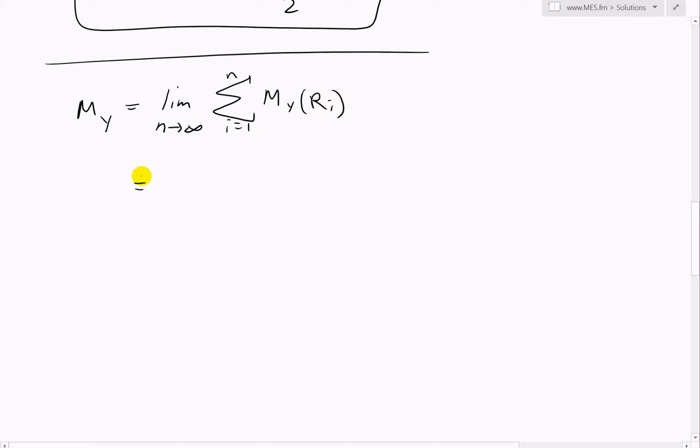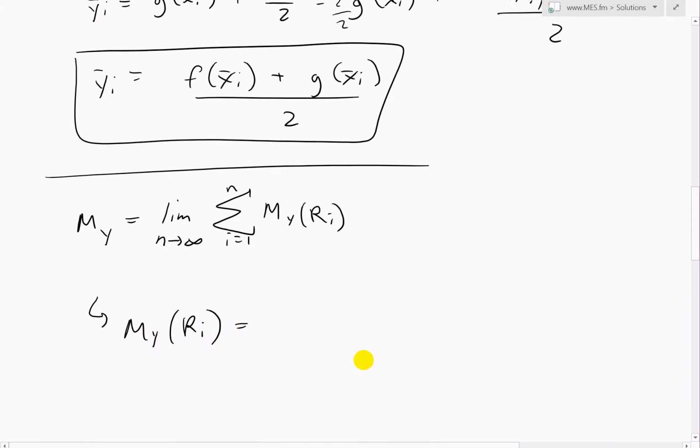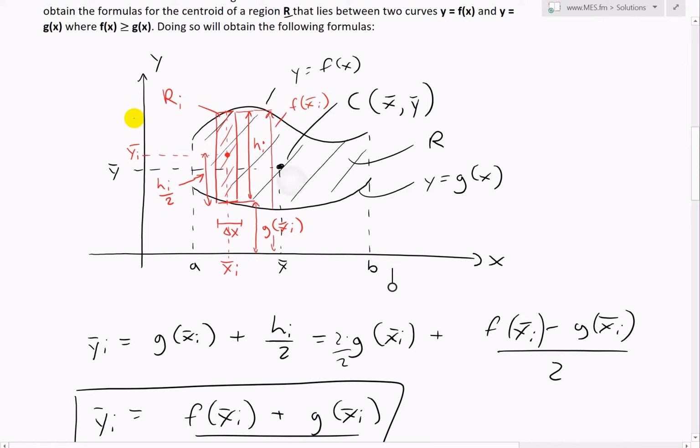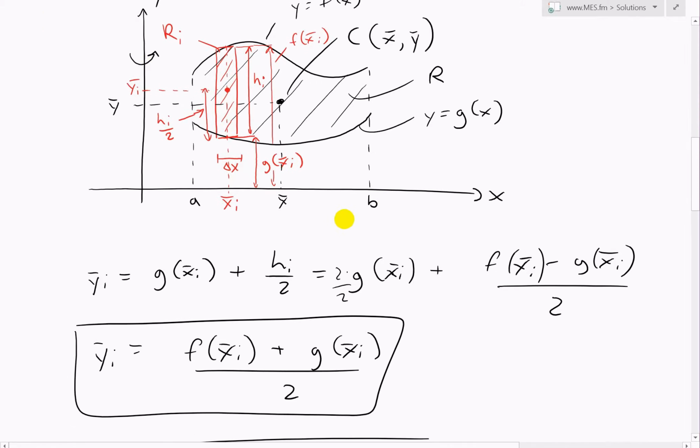And now to solve for this M_y of R_i, for any random sub-rectangle or subinterval, the moment about the y-axis equals, like I explained, a tendency to rotate about this axis, and that is basically going to be the mass times the center of mass here, up to this point, x_i, like that.